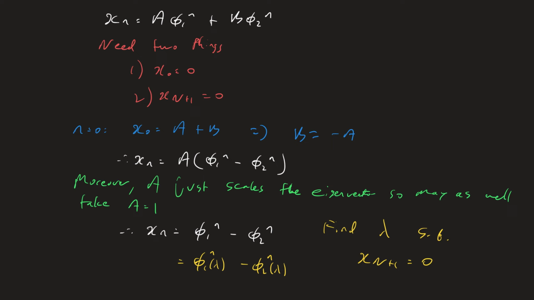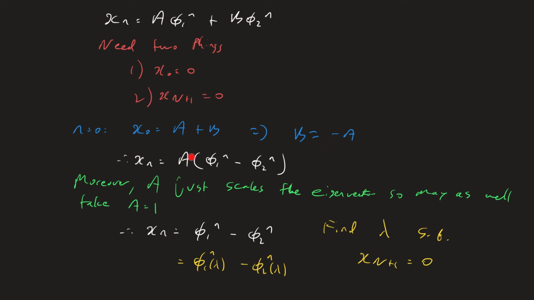The first is that we just want x of big N plus 1 to be equal to 0. The constant A here is just going to scale the value of each of the x terms. So if the x term is already not going to be 0, then changing A won't help. And if it is already 0, then it doesn't matter what value of A we choose, it will remain 0.